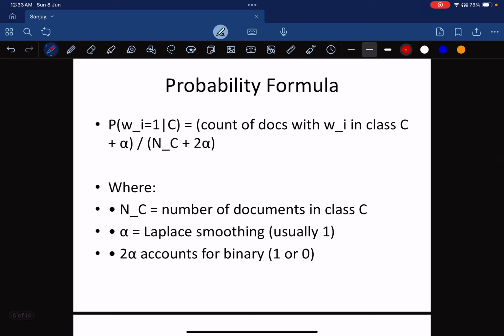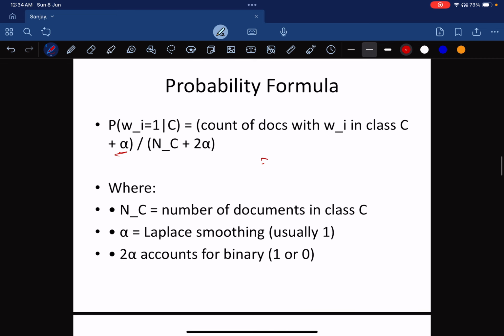First, it will take a word like now, or name, money, offer. It will take that word and find the number of occurrences in that class. And after finding the occurrence, it will add some alpha. This alpha is called Laplace smoothing. Usually it's 1.